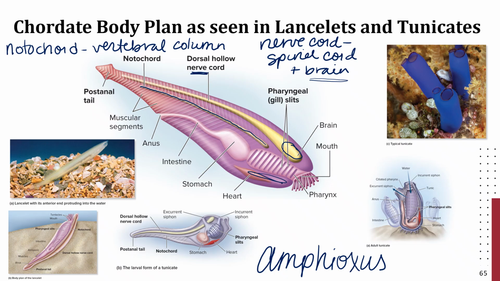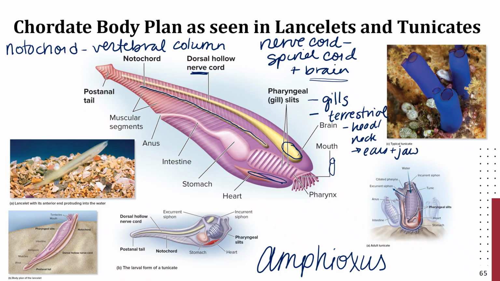Depending on the type of organism, the pharyngeal slits are going to develop either into gills in our organisms that have gills, so like our sharks and our fish, or in our terrestrial animals, they are going to develop into some parts of the head and neck, specifically the ears and part of the jaw.